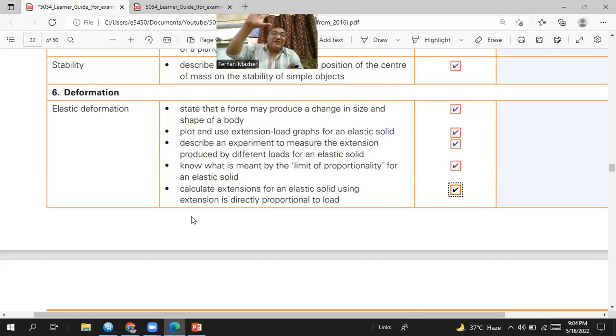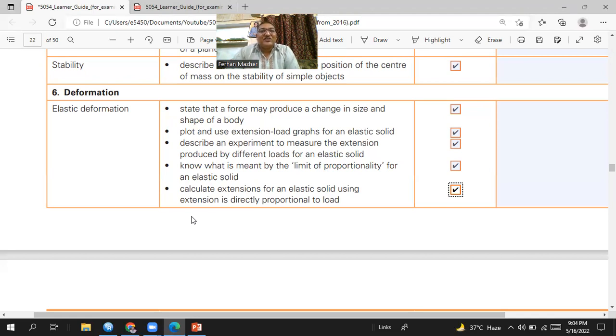In the spring above it, the 4 centimeter extension will be produced due to the 2 Newton weight, plus it will be supporting the weight of the lower spring. So the total extension produced will become 8 centimeters. So this example is very important.